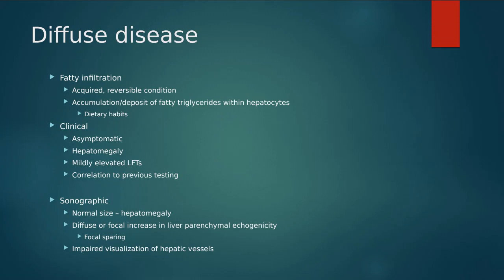Now, when we're talking about dietary habits with fatty infiltration, we see this in very carb heavy cultures. So cultures that have a lot of pastas, breads, rice, we see this condition a lot in those populations. We actually see this more commonly in women because women tend to eat a more carb heavy diet than men do.